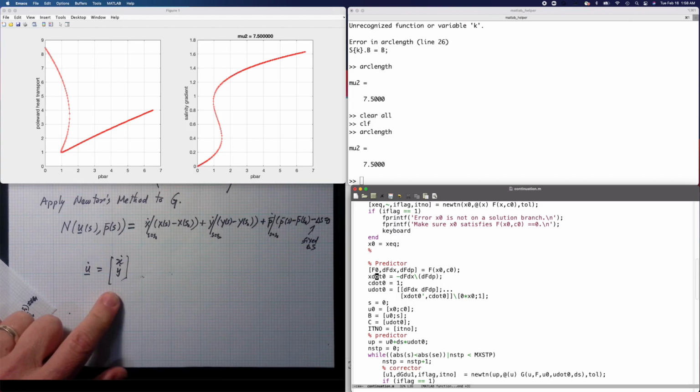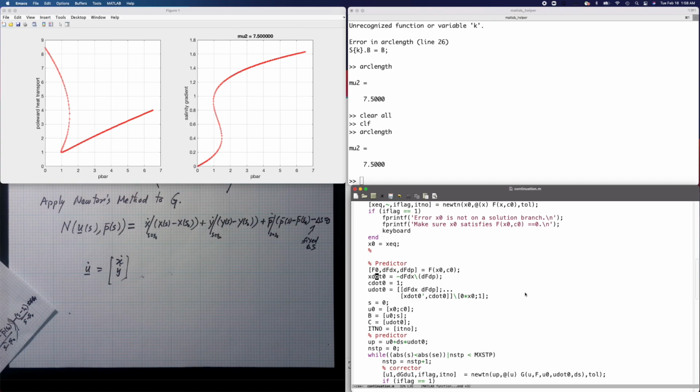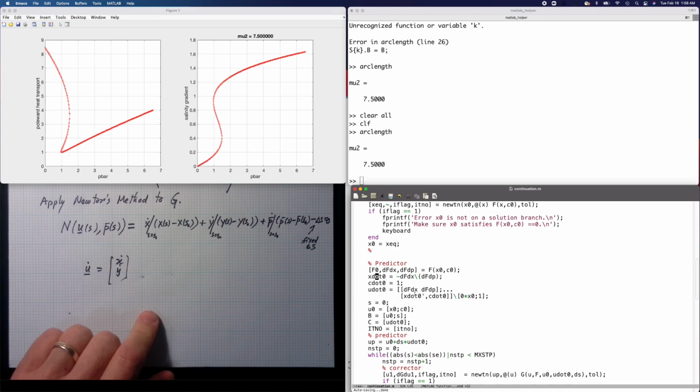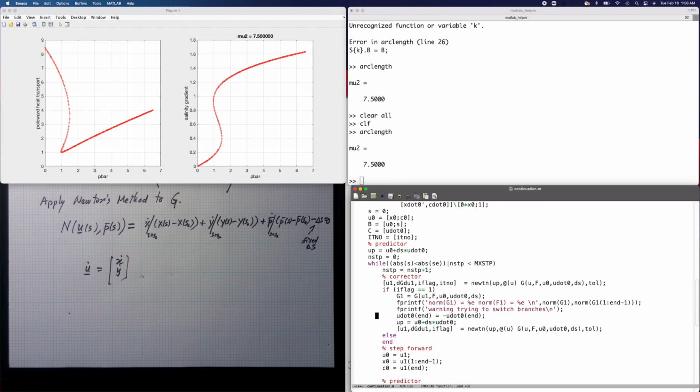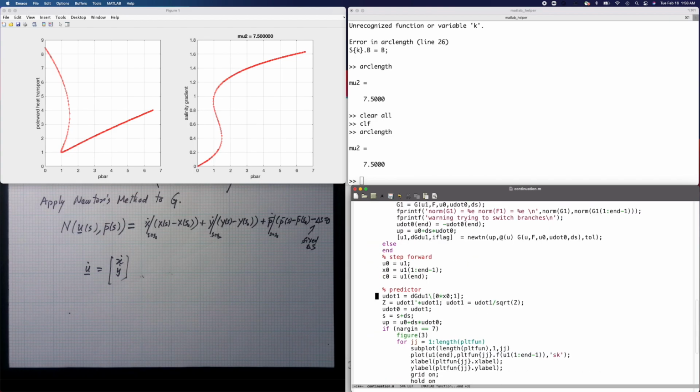Alright, so it's a little bit confusing because the names of the variables in the code are a little bit different than what I tried to explain here. So I compute the predictor, and once I have the predictor, I can start my continuation loop. So that's stored inside this while loop.